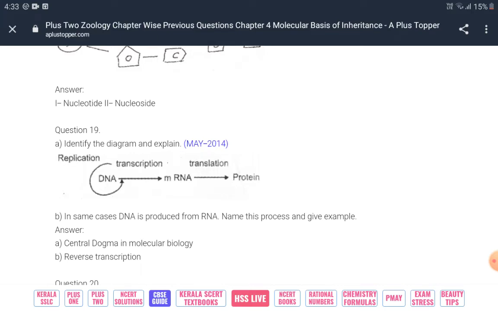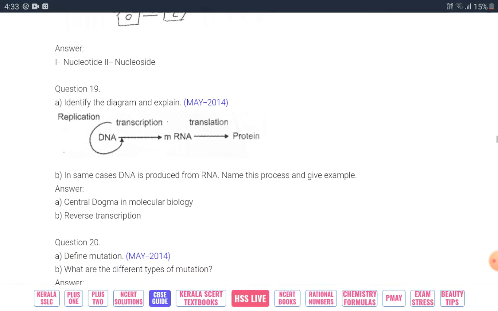It is the central dogma of molecular biology, and you have to explain how it goes. In some cases, DNA is produced from RNA. Name the process and give an example. Okay, that's an important thing. RNA to DNA is called reverse transcription.